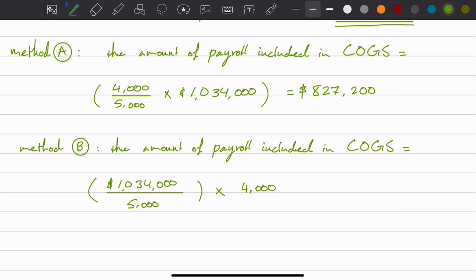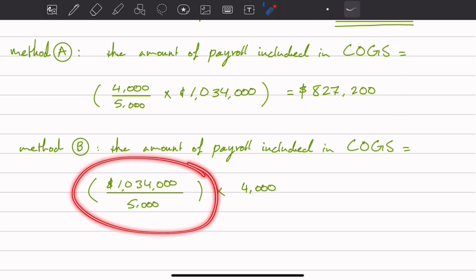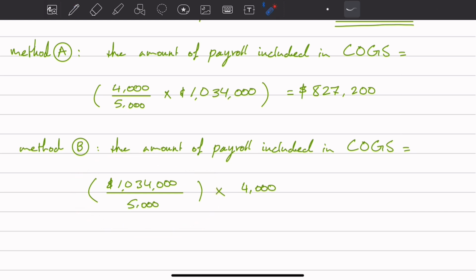Okay? So with this, we will find how much is the payroll that would be included for each unit in the cost of goods sold, and then we multiply it by the number of units that we actually sold, and we should get the same answer. Okay, so let's go to the calculator. 1,034,000 divided by 5,000.